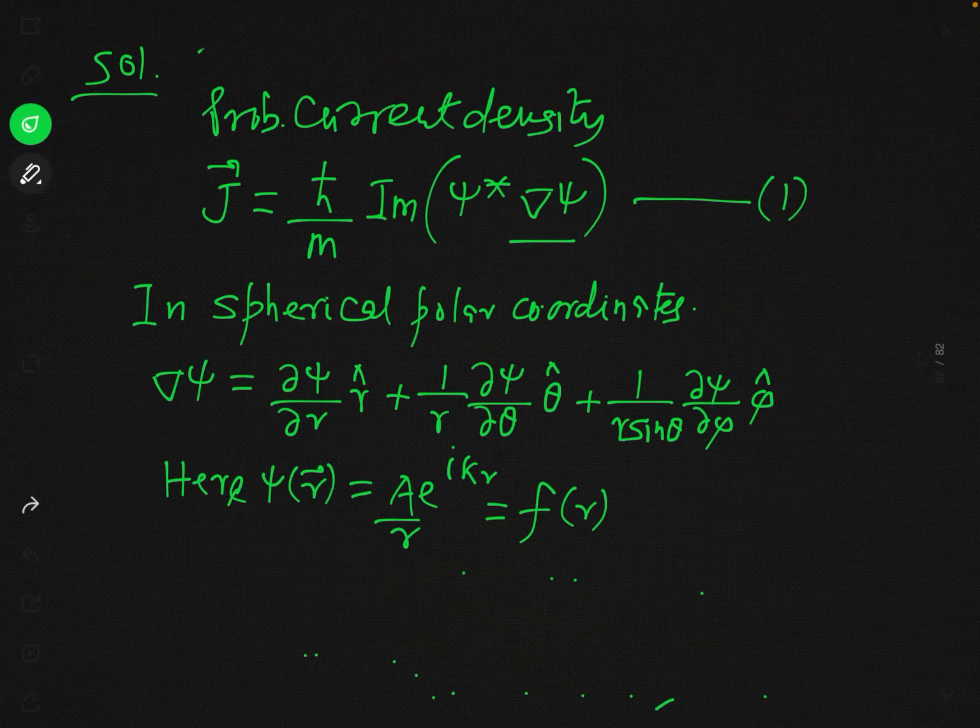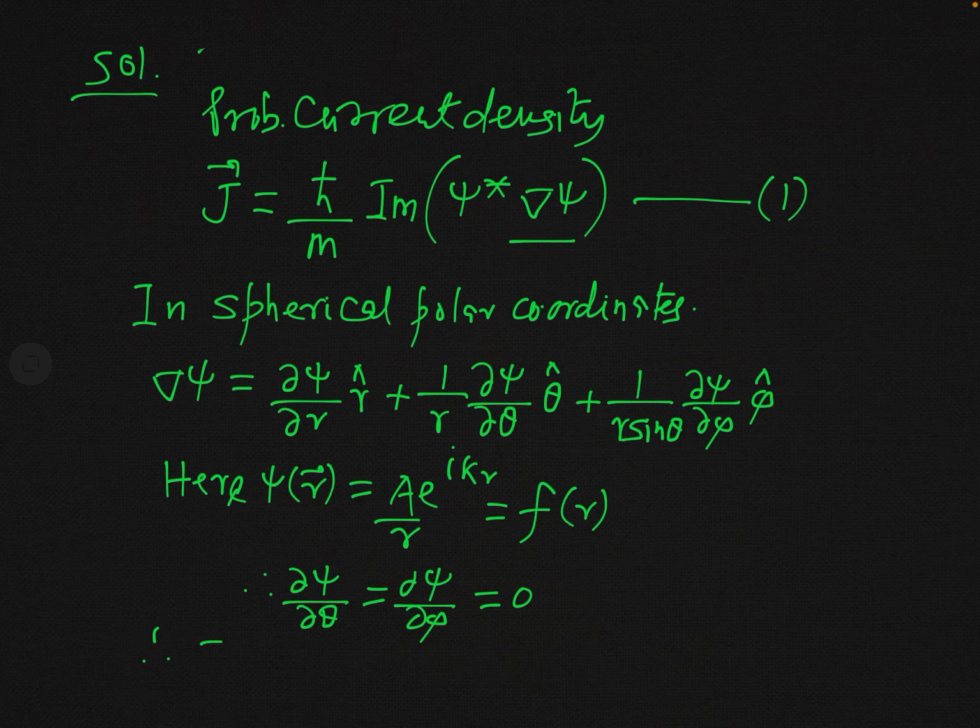So this is just only a function of r, and if it is only a function of r, you can see its partial derivative with respect to theta and with respect to phi will be 0. So del psi by del theta and del psi by del phi, both of these will be 0.